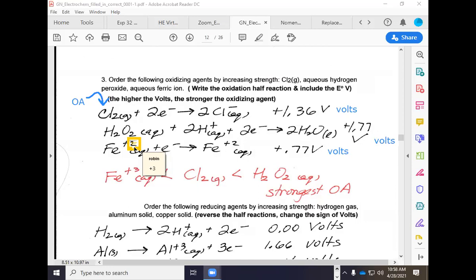So you would need to have this table to do the problem, or I would have to give you the volts.